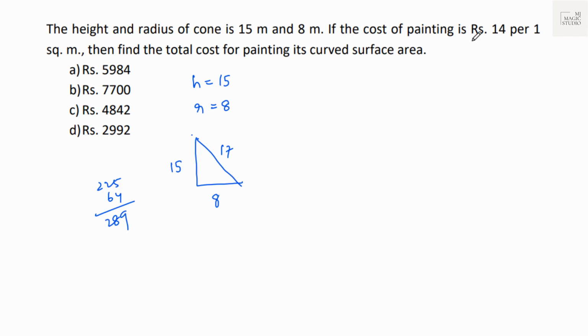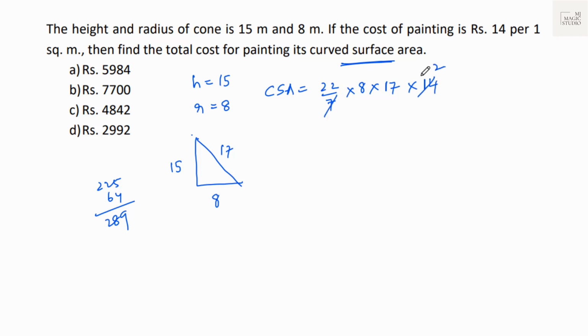If the cost of painting is rupees 14 per 1 square meter, find the total cost of painting curved surface area. Curved surface area is pi r L. L we have already calculated, 17. And the cost of painting is rupees 14 per square meter. So this is square meter into 14. That's it.